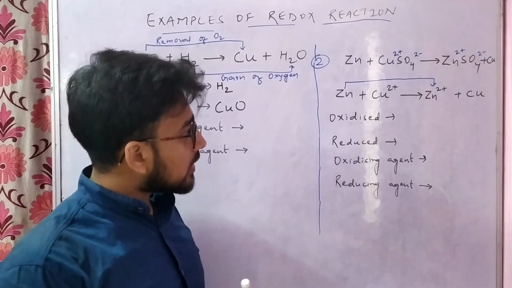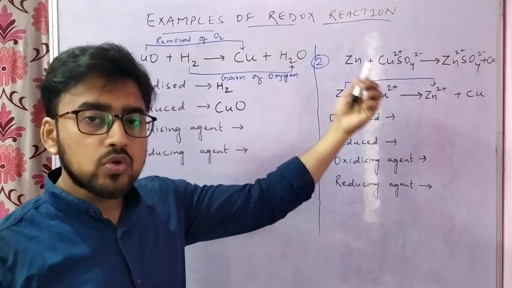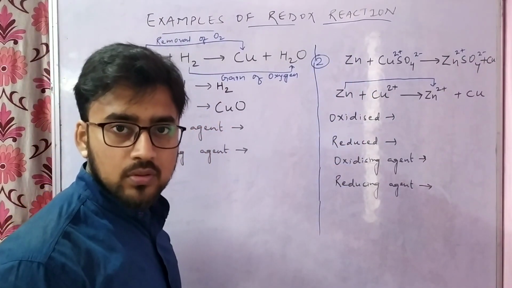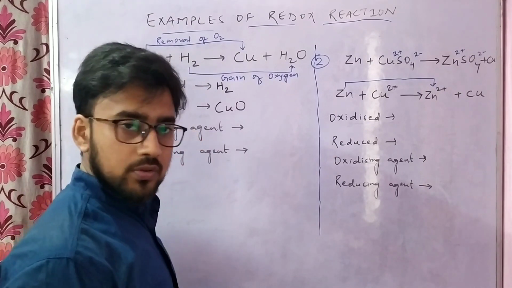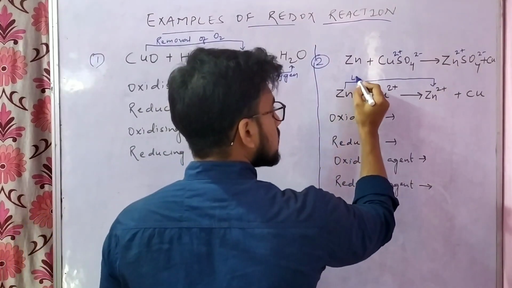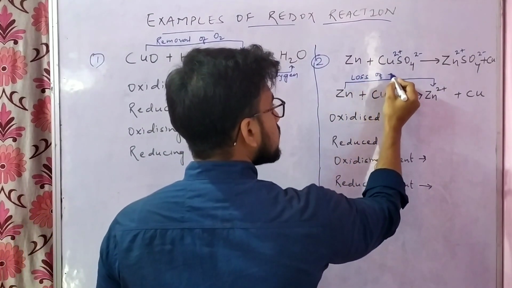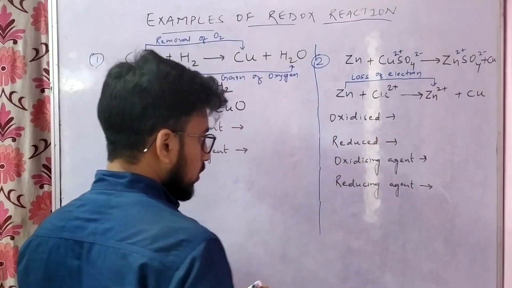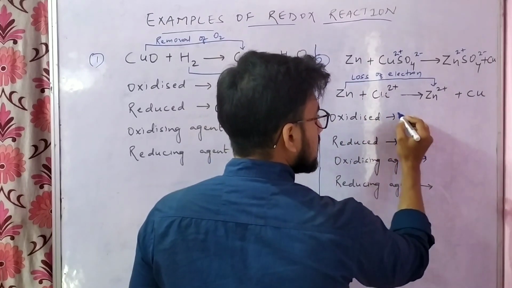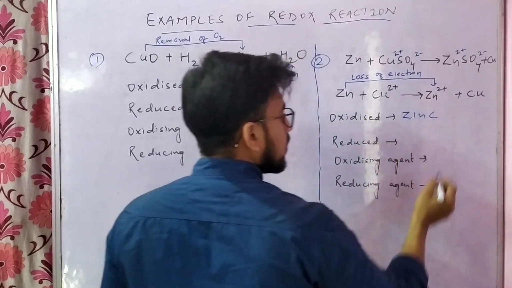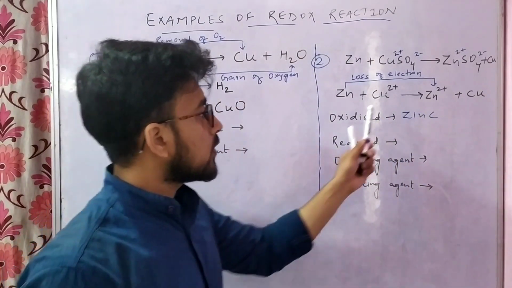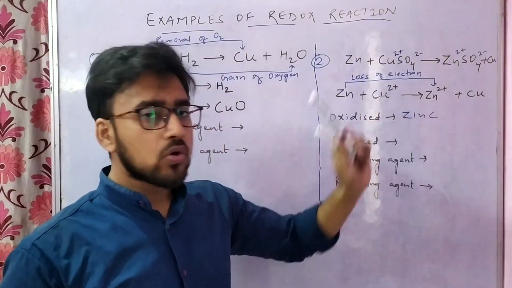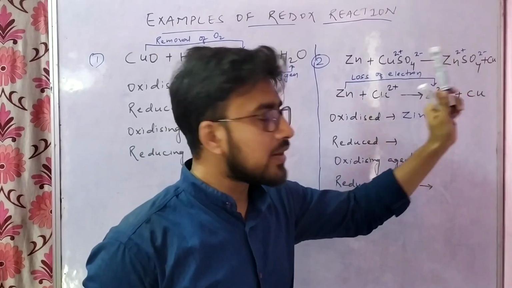है ना? Zinc ने क्या किया है? It has lost 2 electrons, and whenever there is loss of electron, it is oxidized. So there is loss of electron from Zn. So you can write here that which one is oxidized? Zinc is oxidized. Now see here, Cu2 plus means there is already 2 electron less in copper, and on the product side is Cu.